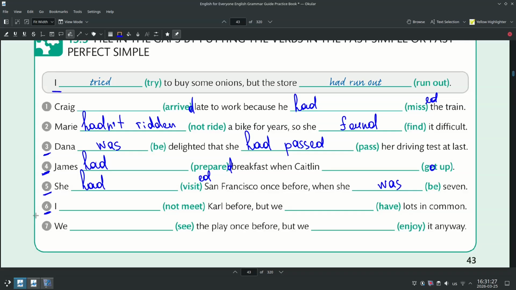I hadn't met Carl before, but we had lots in common. 7. We see the play once before, but we enjoy it anyway. We had seen the play once before, but we enjoyed it anyway.